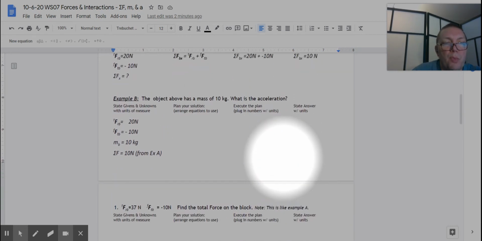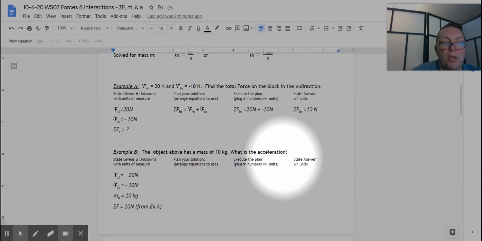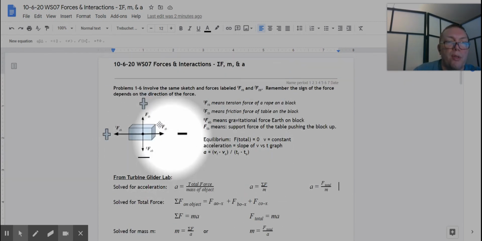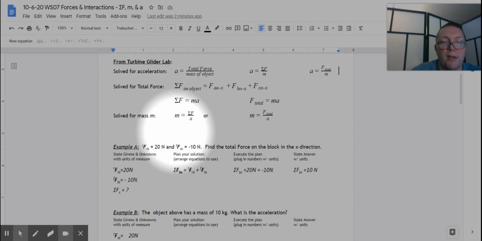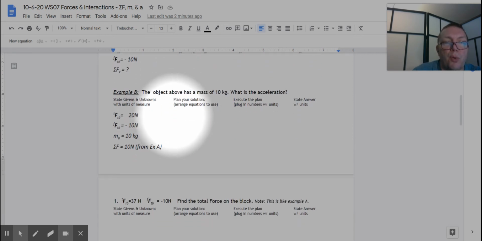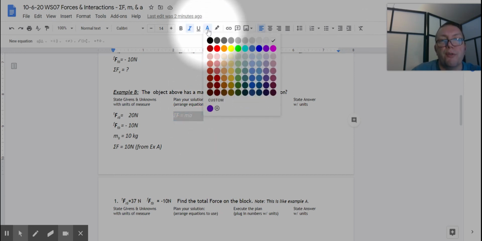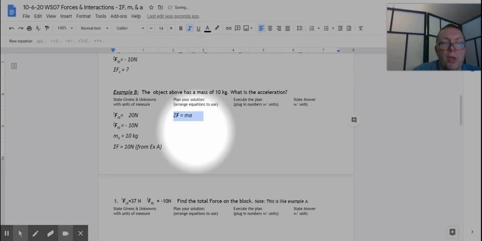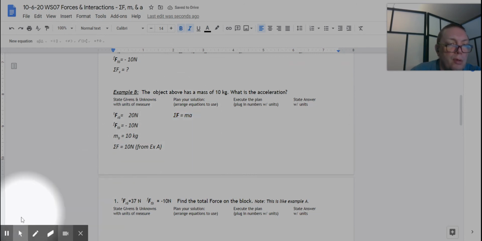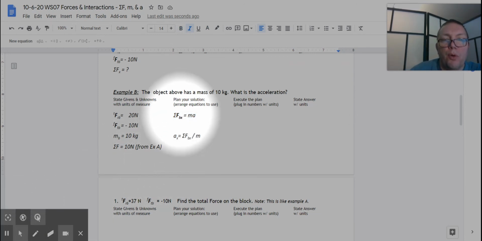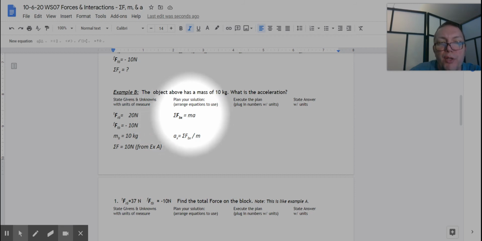So when I go down to example B, and again, we're talking about this block with the forces acting on it as stated here, when I talk about planning the solution, I would say this is the start of that relationship, solving for total force.